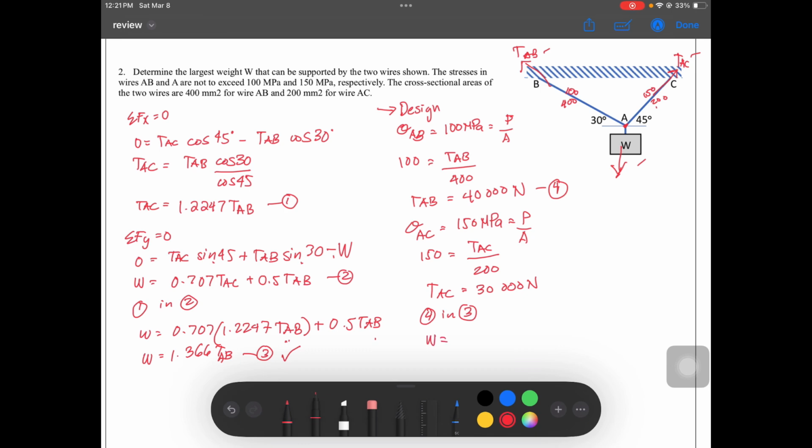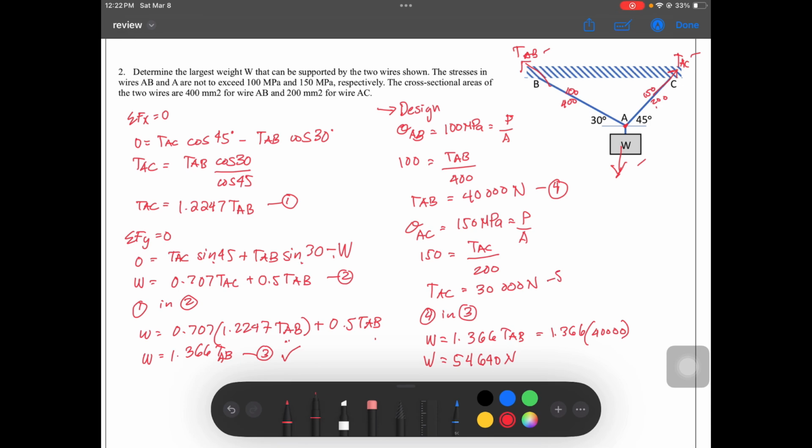So, W equal to 1.366 TAB, wherein TAB natin is equal to 40,000. This is equal to 64 Newton.